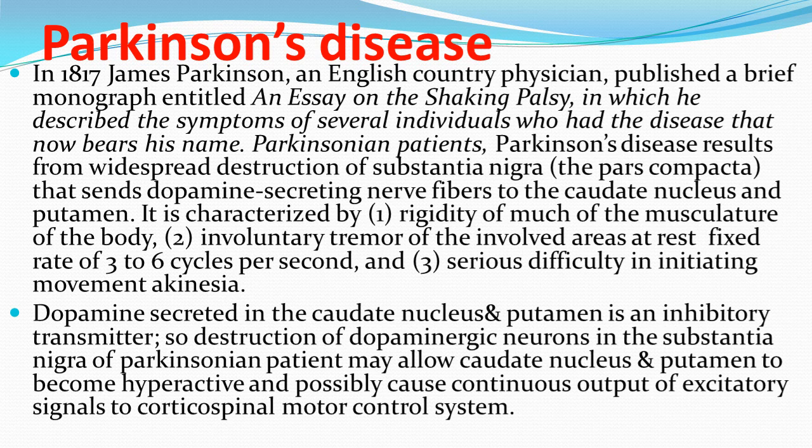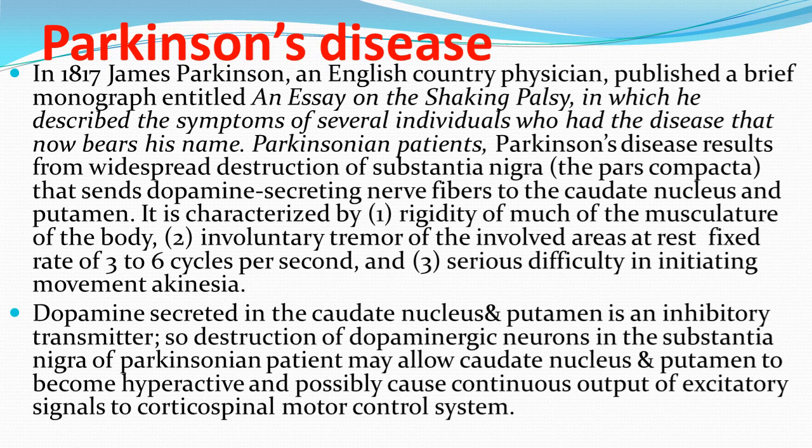Okay, it is characterized by rigidity of much of the musculature and involuntary tremors. Recapitulate the function of the substantia nigra. Substantia nigra gives dopamine fibers to the direct pathway. It gives dopamine fibers to the indirect pathway. In the direct pathway, dopamine is excitatory.